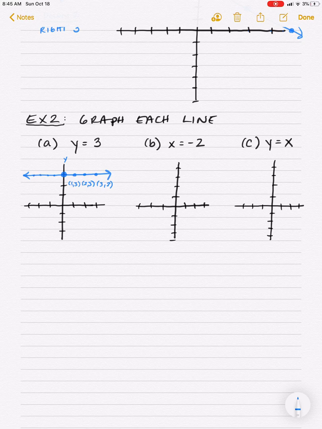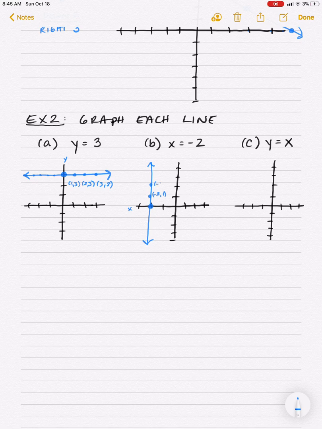Now the line x equals -2, I'm going to come over to the x-axis and plot a point where x equals -2. X equals -2 is going to be a vertical line that passes through x equals -2. And so what we're going to see here is that I have this point, it's going to be -2, 1.